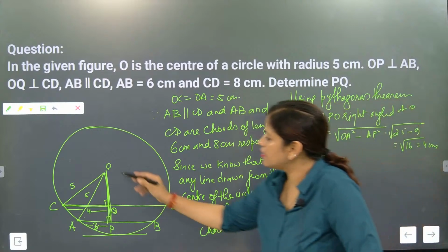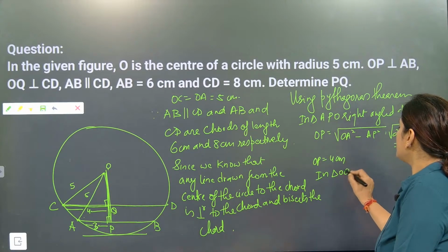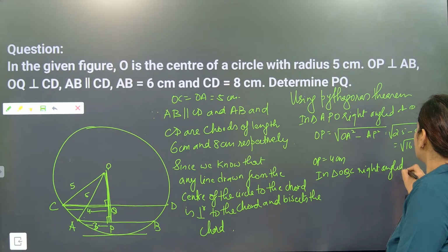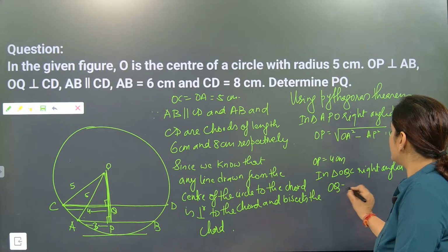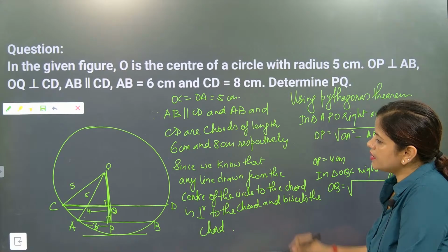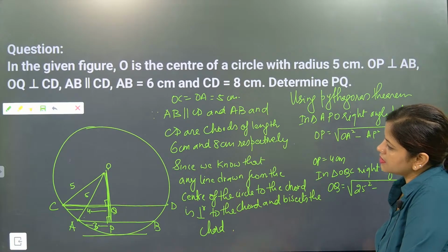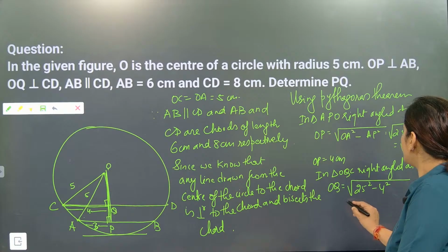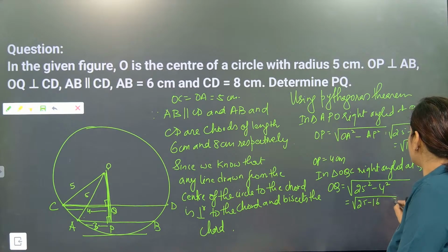Now in triangle OQC, right angled at Q, OQ will be equal to root under 5 square minus 4 square, so it is 25 minus 16.